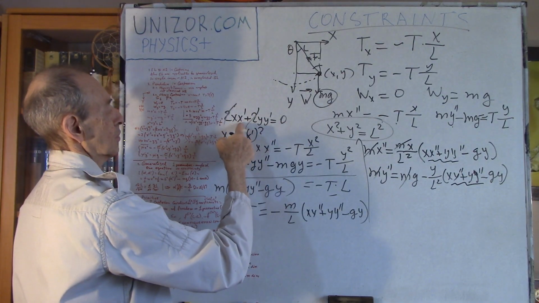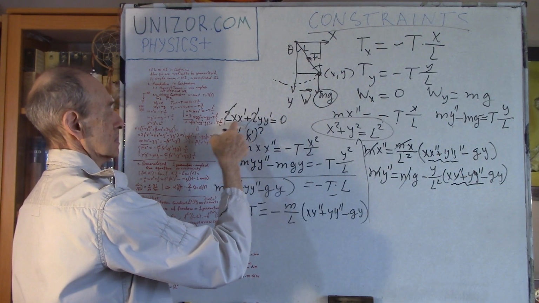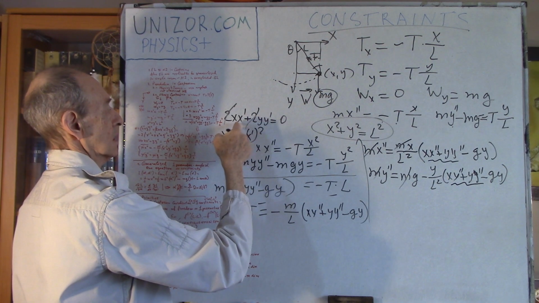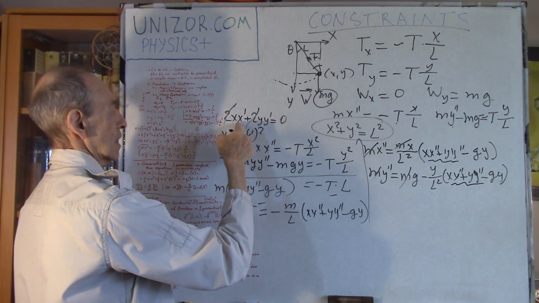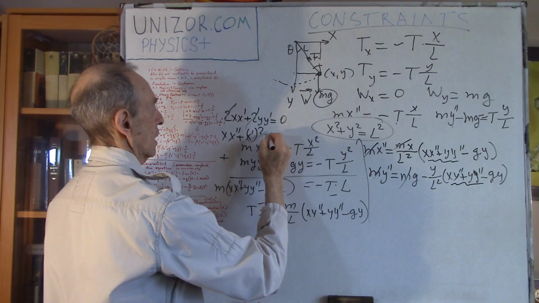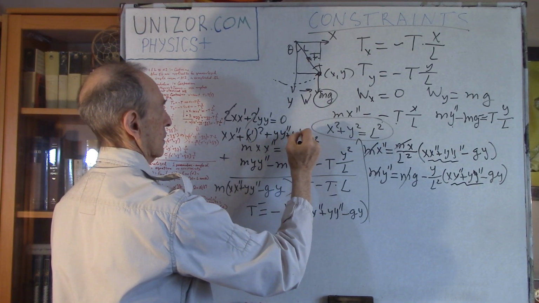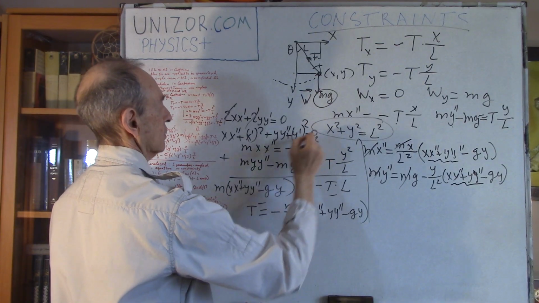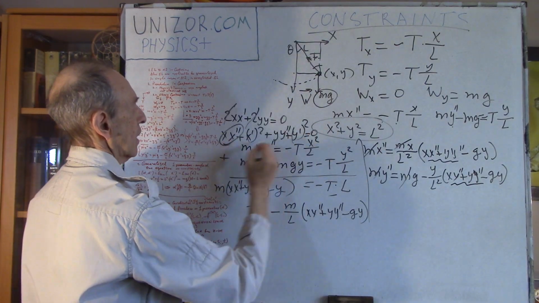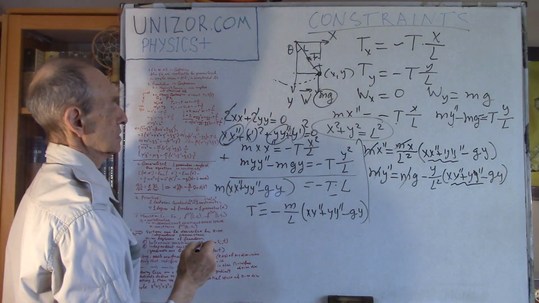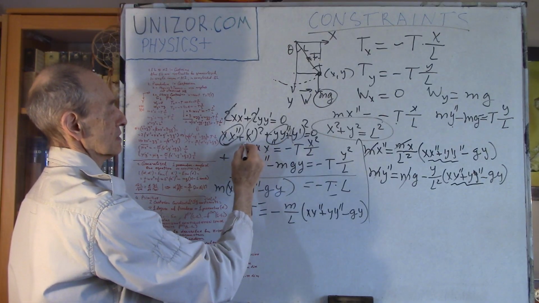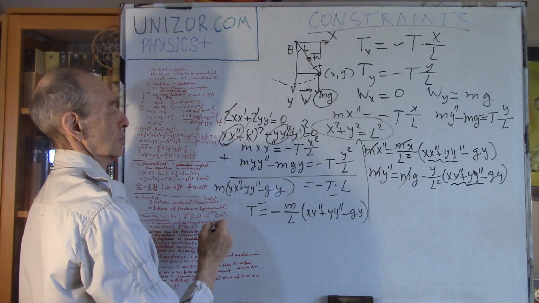If you will, this is a product. This times derivative of this plus derivative of this times this. So that's what it is. And this one as well. And that's equal to 0. From which I can derive x x double prime plus y y double prime is equal to minus x prime squared plus y prime squared.